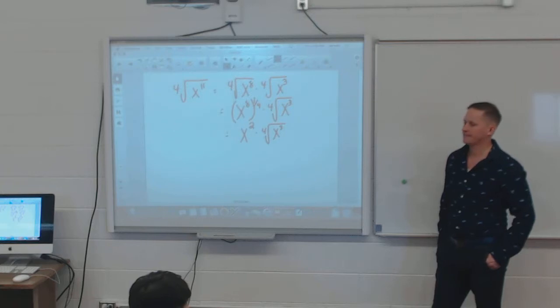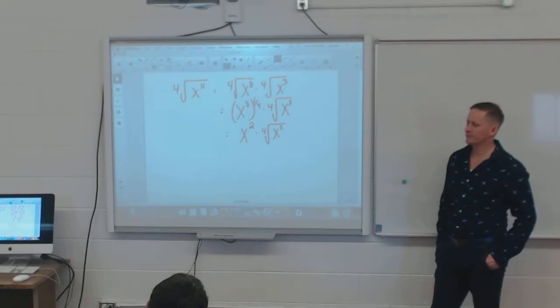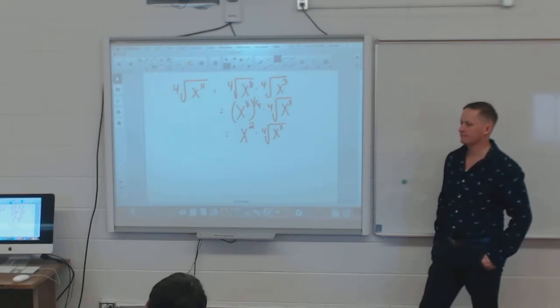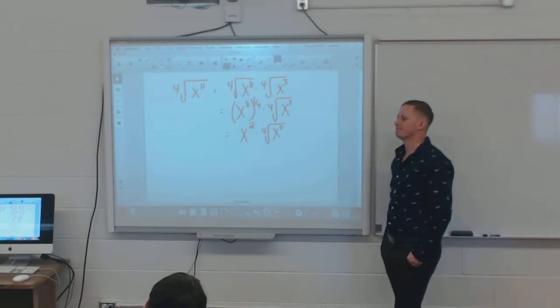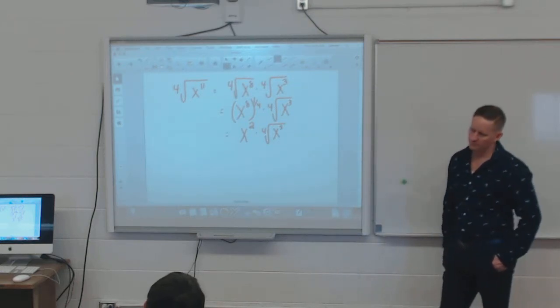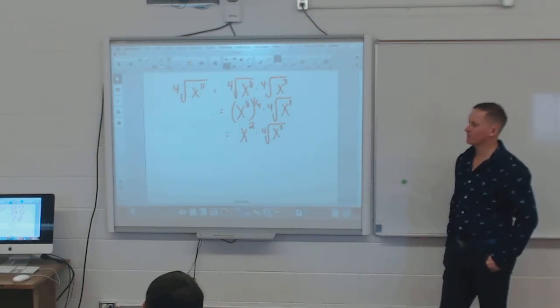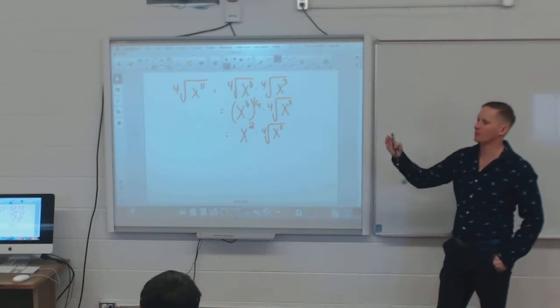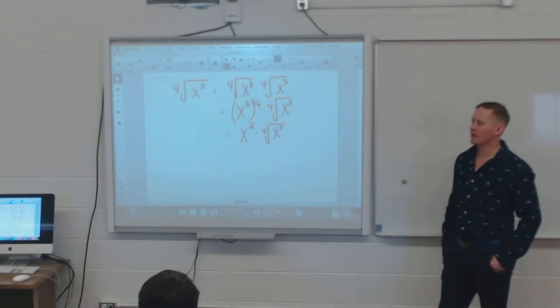So if you ask the question, like, how many times does 4 go in evenly, can you just put a 2 down for x to the 2 and x cubed goes left over? Can I do that instead of doing all that? Yes, you can. Is there ever a time then that you can simplify the second result? No, because you're taking the largest possible whole number out that it can go into.